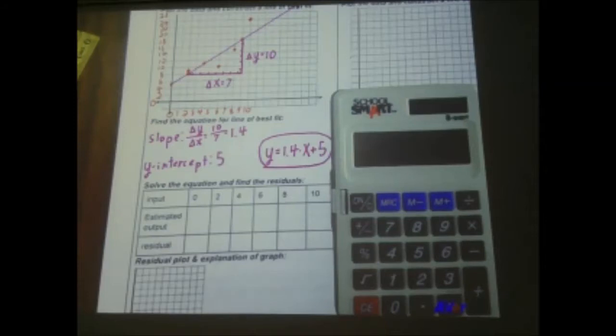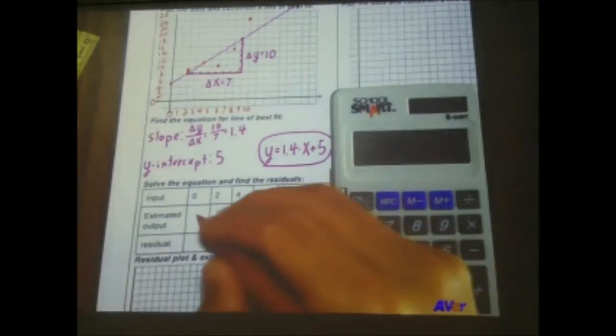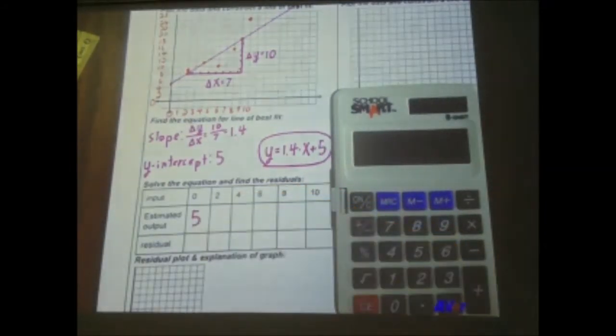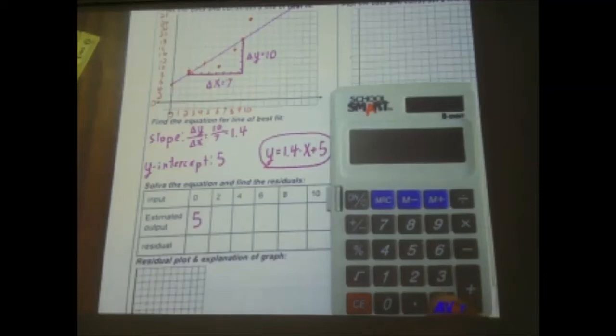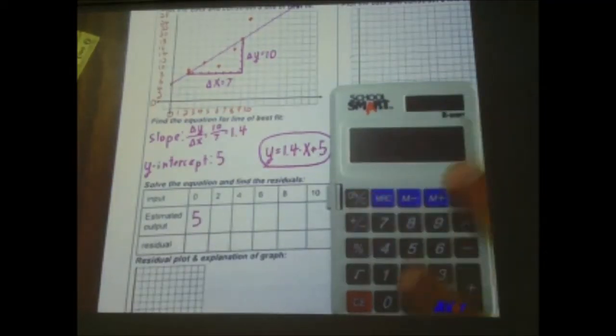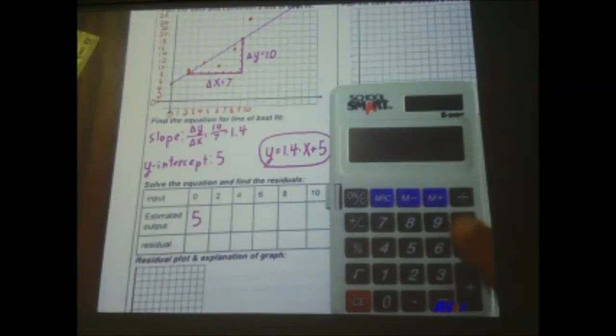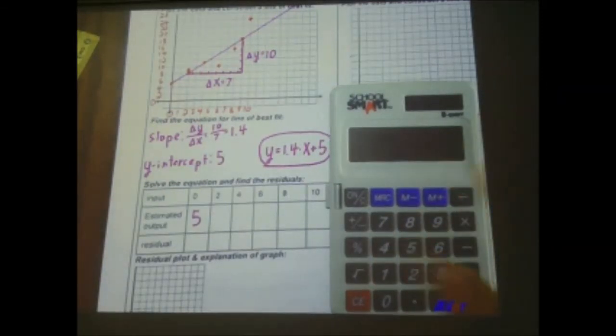So my estimated output using my equation is 5. And then I plug the next number in. So I get 1.4 times 2 plus 5, which equals 7.8.